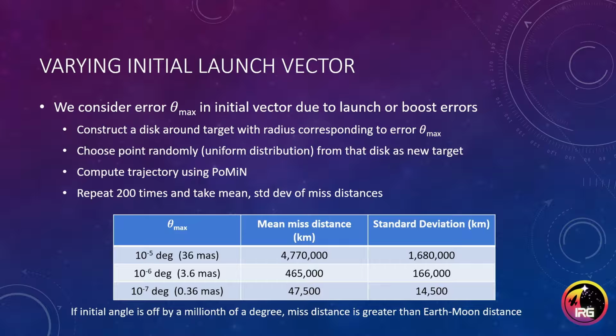We did that 200 times for each theta max and took some statistics, and we found that, for example, if your initial vector is off by 1/1,000,000 of a degree, you'll miss by 465,000 kilometers, which is again in the ballpark of the Earth-Moon distance. So we're very sensitive to errors in the initial velocity trajectory.